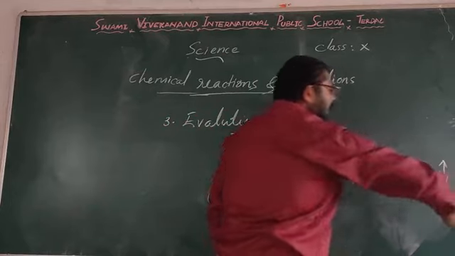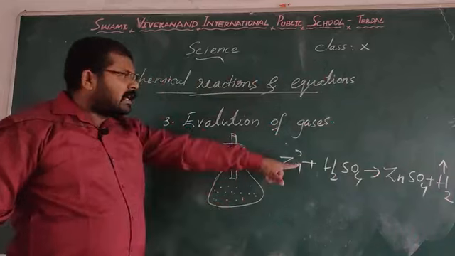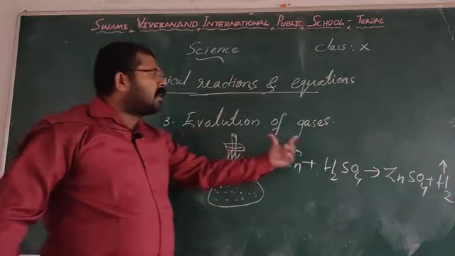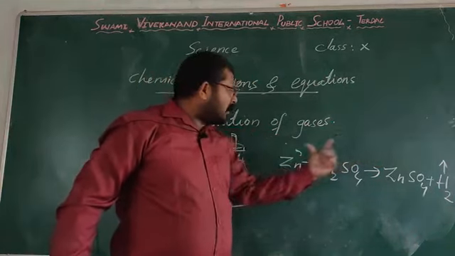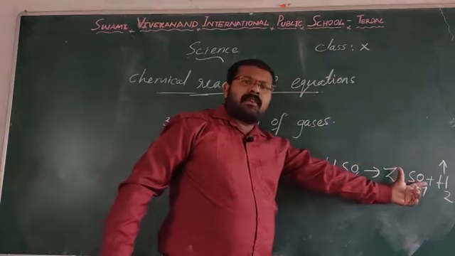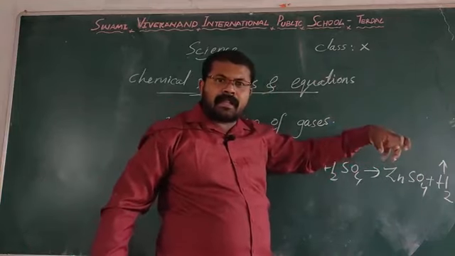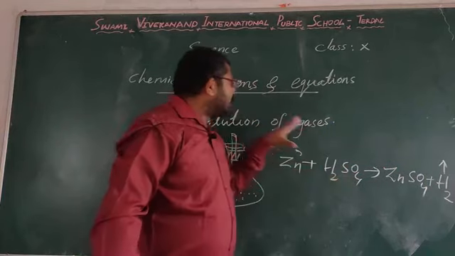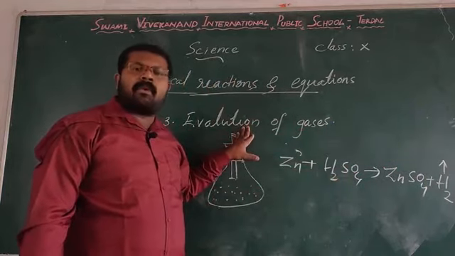H2 is in gaseous form. So what is it? Evolution of gas. During these reactions, you can find there is a formation of gas, which clearly shows that a chemical reaction has occurred.